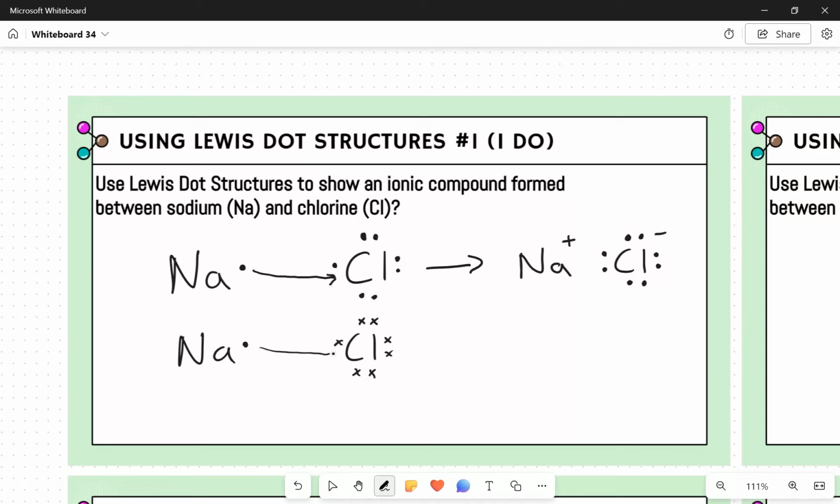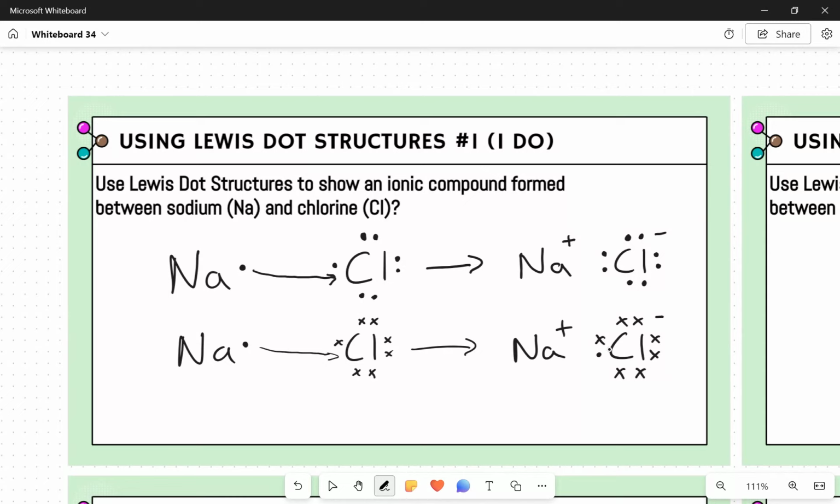So this electron goes right here, and as a result, we have Na plus, and we have Cl minus. Now you see how you can easily tell where that valence electron came from? This dot right here, even though it's a different representation, is still a valence electron.